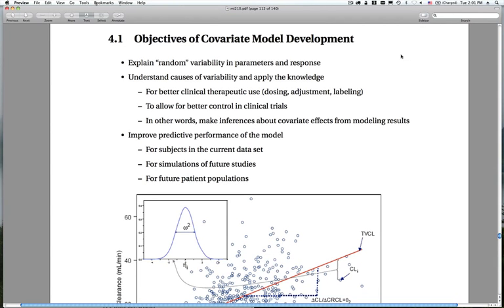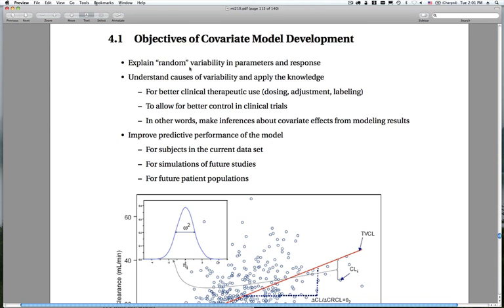We've discussed this earlier in the course, but the objectives of covariate model development are really focused on explaining, understanding, and making inferences about the data. So first we want to explain the random variability in parameters in response, and I have random in quotes there because the variability we've observed in a population, be it on a PK parameter or an outcome measure, is comprised of measurable sources but also random sources.